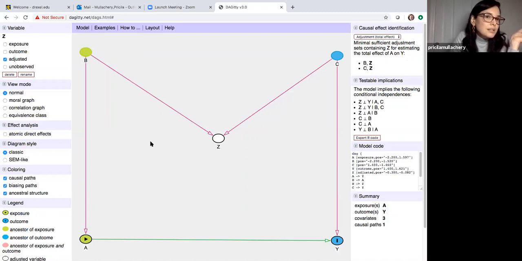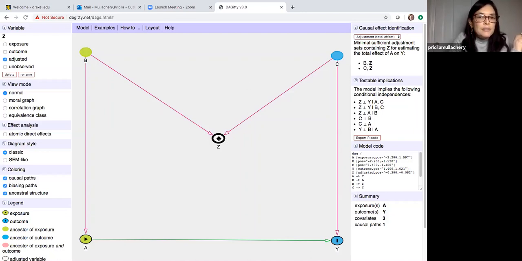For this one it doesn't sound very helpful because it's a simple DAG, but when you have a very complicated DAG, instead of going through each path, you just draw the DAG and DAGitty is going to tell you what to adjust for, right? In this case, because you were already adjusting for Z, which is a collider, then it's telling you you have to adjust for B or for C, right?